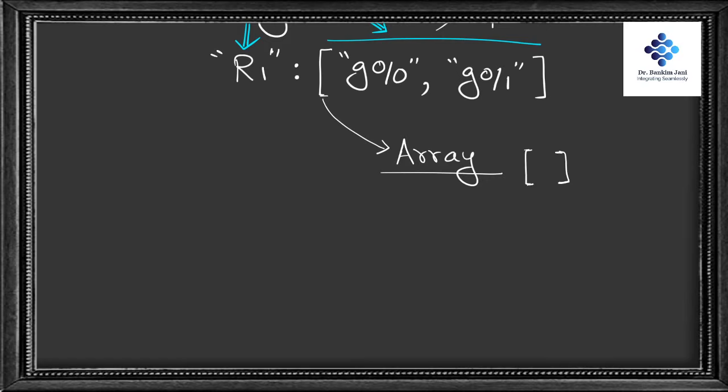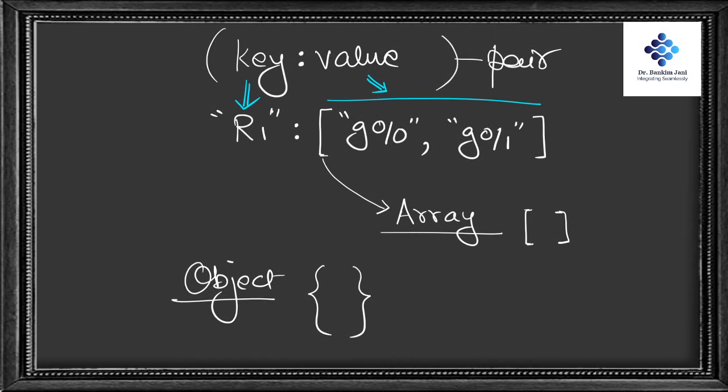We need to add just one more thing, the last and final, and that is the object, because we'll be creating several objects. These objects would always be identified by these curly brackets. That's the only thing which we have to remember.